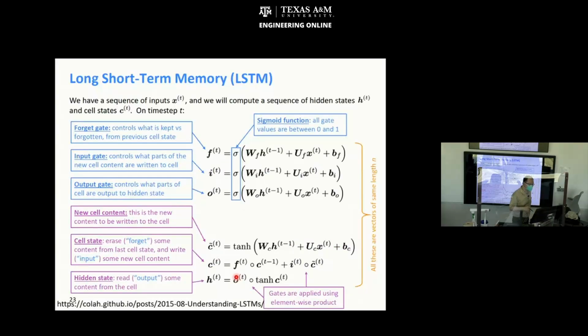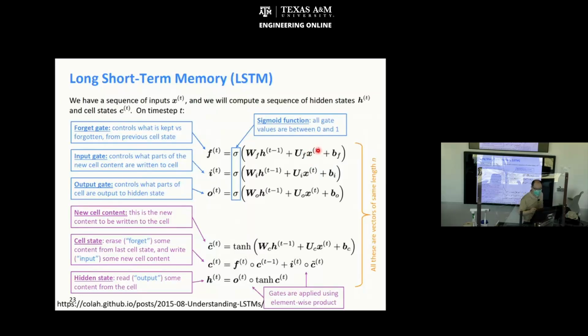So let's first look at the mathematics. Remember, these gates have inputs of H and X. H is the hidden state from the previous time point, and X is the state of the current time point.